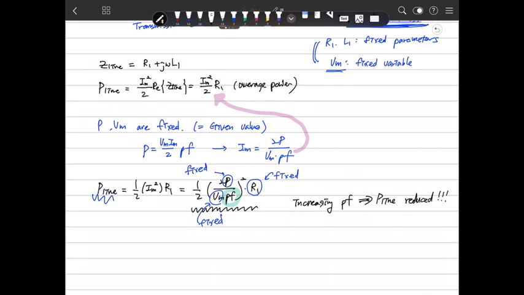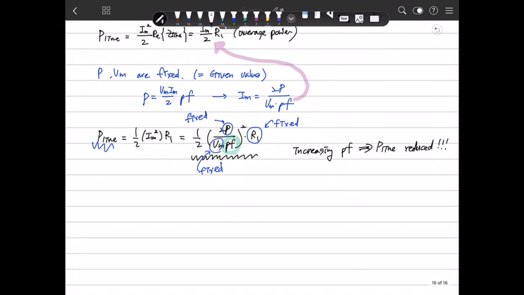So the grid operator, right, Hanjeon, requires maximizing the power factor of the load. Because the power factor is defined in this way here, and S is P plus jQ.